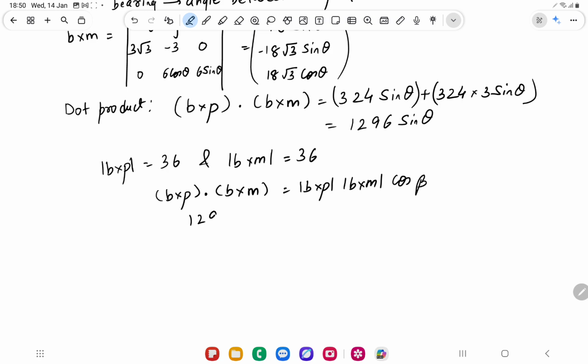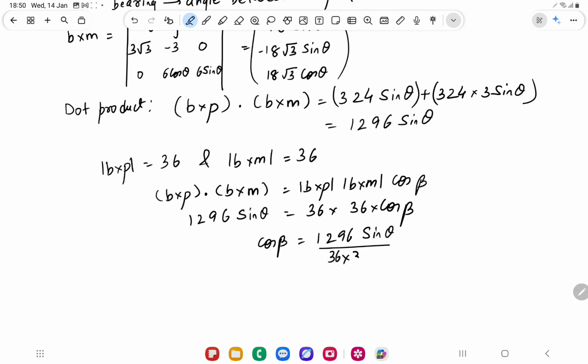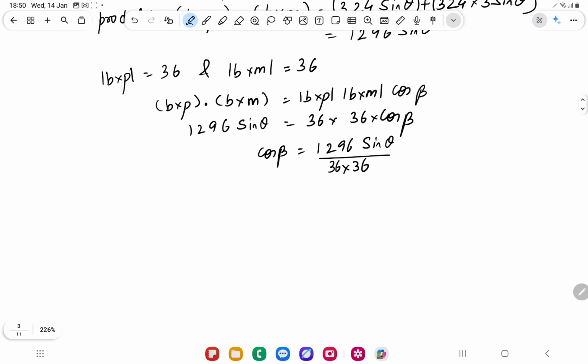So this is 1296 sine theta equals 36 into 36 into cos beta. So my cos beta will be 1296 sine theta upon 36 into 36, which is nothing but sine theta.